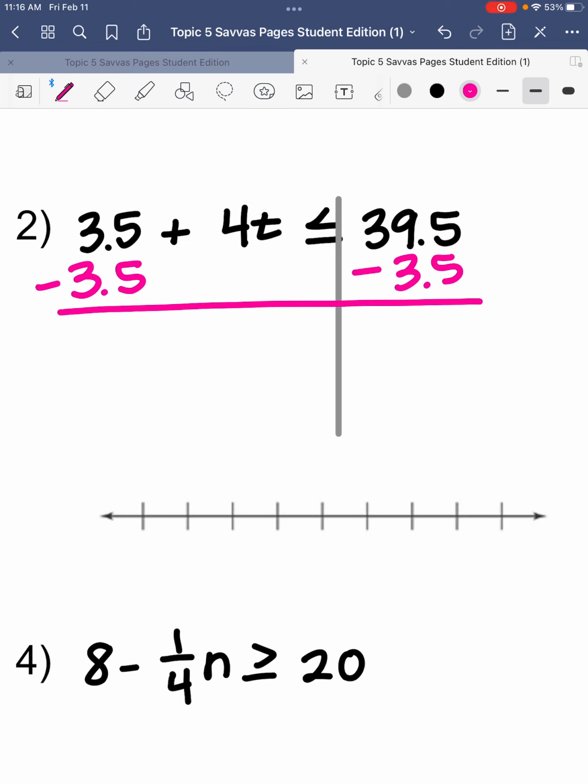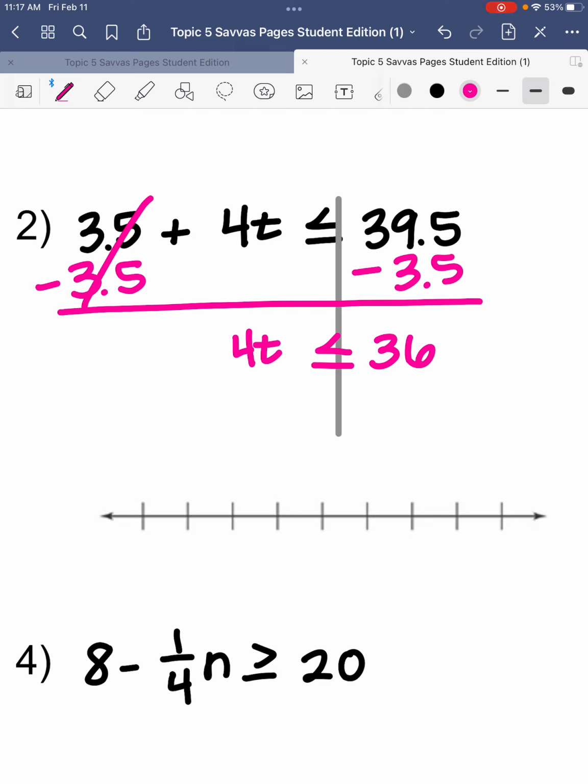So subtracting 3.5, does that make me flip my symbol? No, it sure does not. So it stays less than or equal to. On the side with the t, the 3.5s cancel out, and I can bring down 4t. On the other side, 39.5 minus 3.5 is going to be 36. So now I have 4t is less than or equal to 36.